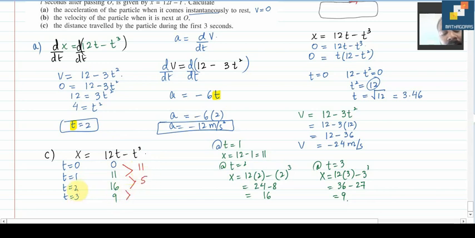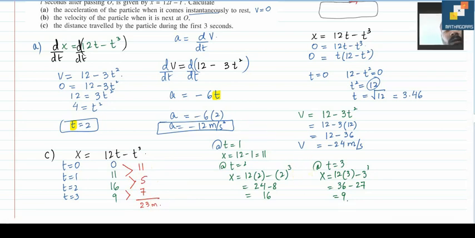And between 2 to 3 seconds, it will be 16 minus 9, so that is equals to 7. So the total distance the particle traveled is the sum of these three. 7 plus 5, 12 plus 11 leads to 23 meters. That is the distance traveled by the particle during the first 3 seconds.